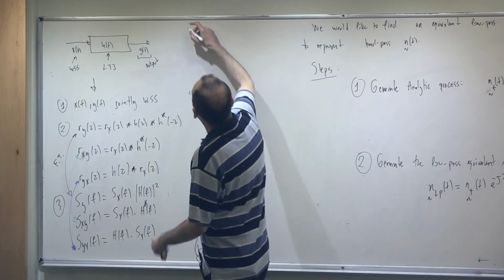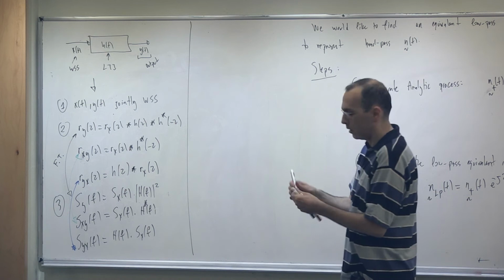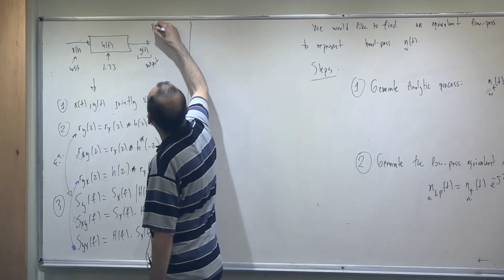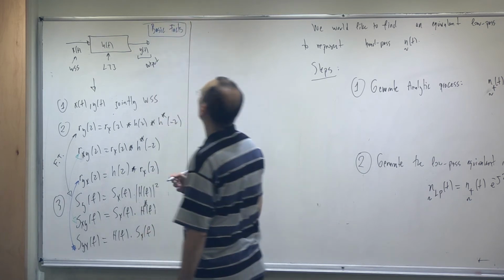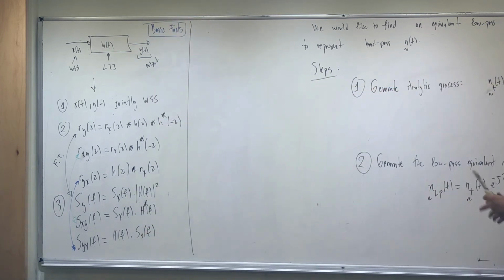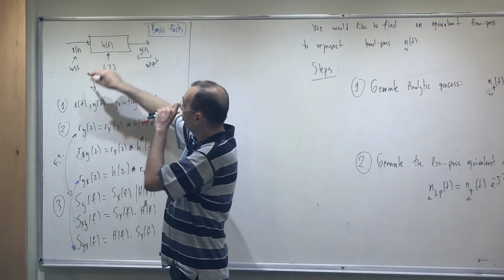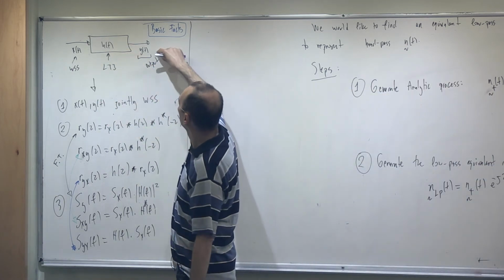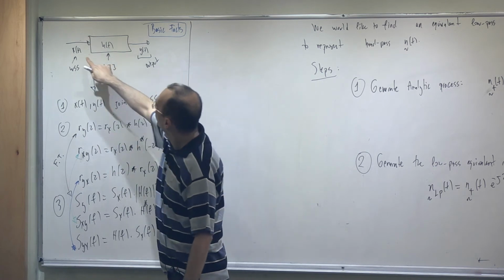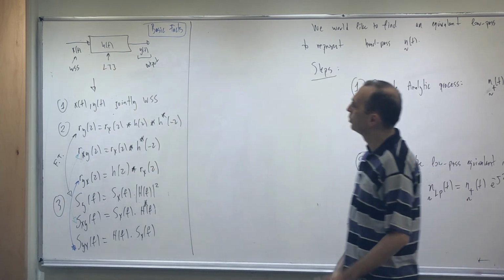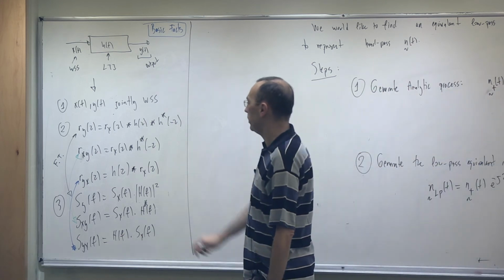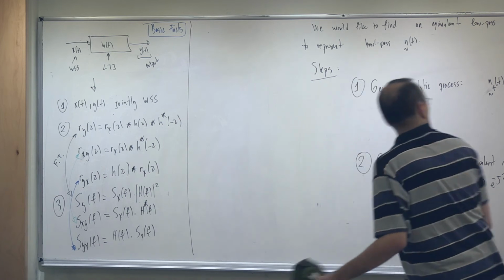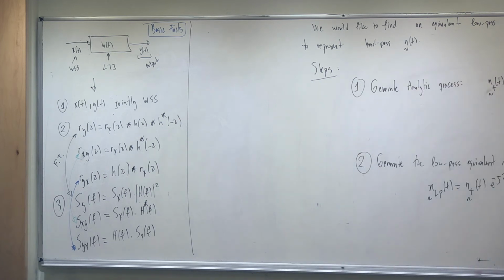So let me put this over here, like our cheat sheet. Let me call these our basic facts. So if the input is wide sense stationary and the system is LTI, the output is also wide sense stationary, jointly wide sense stationary even with the input, and I can calculate the output autocorrelation, cross-correlations, etc. from these relations. Very good. Now, what do I want to do? Now I want to calculate this thing.